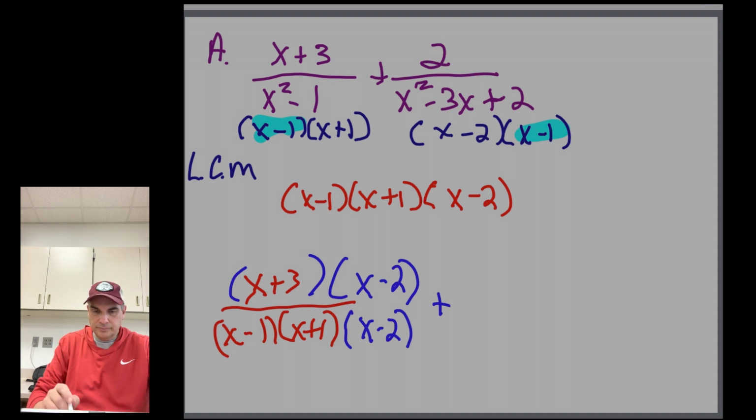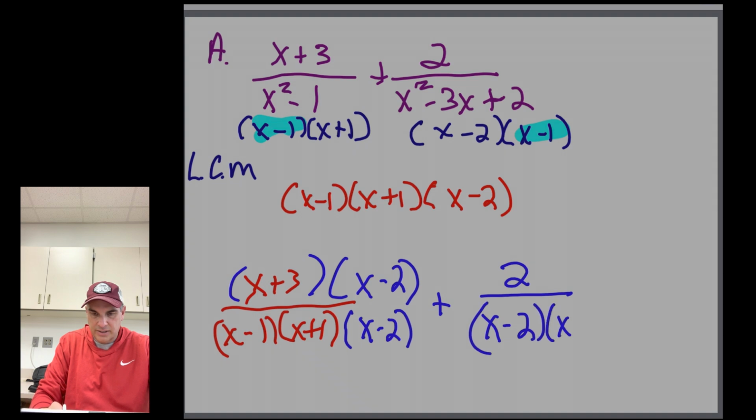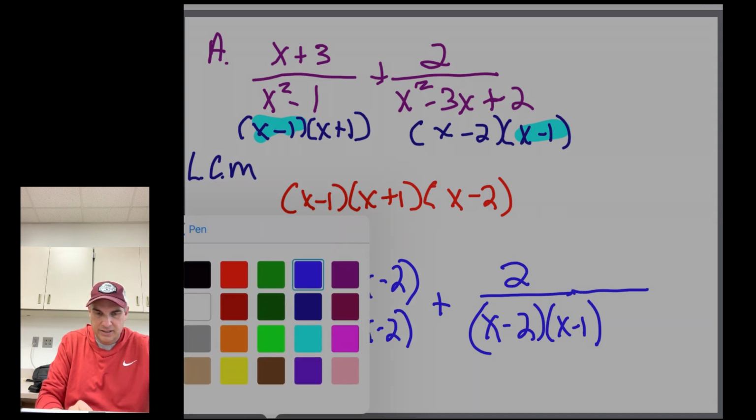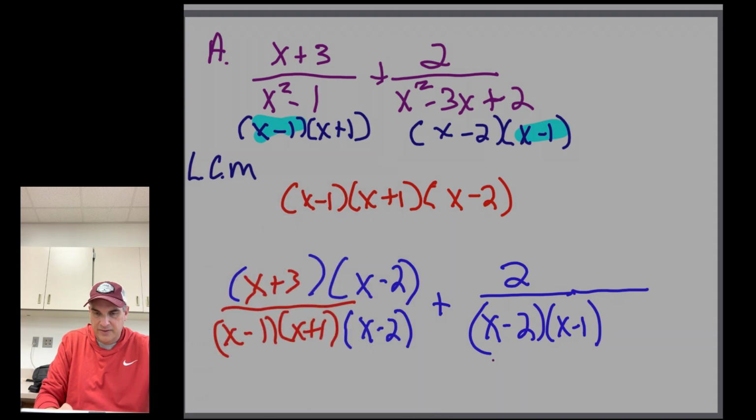Plus, I've got 2 over x minus 2, x minus 1. If I look at them and I say, okay, what have I added in there that's different? I have x minus 2 and x minus 1.